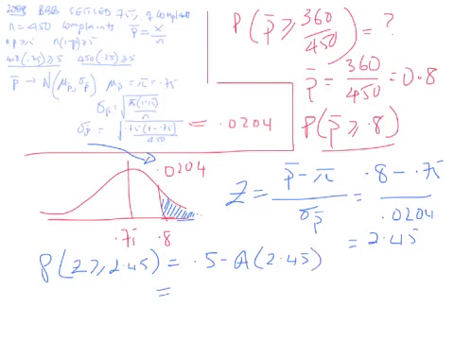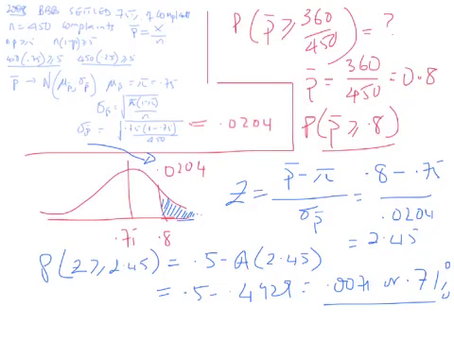That should be equal to 0.5 minus 0.4929, which is equal to 0.0071, or 0.71%. And that's the answer to that question. So the probability of getting, in a random sample of 450 complaints, 80% or more being settled is 0.71%.